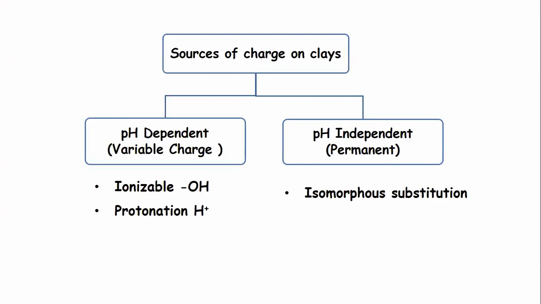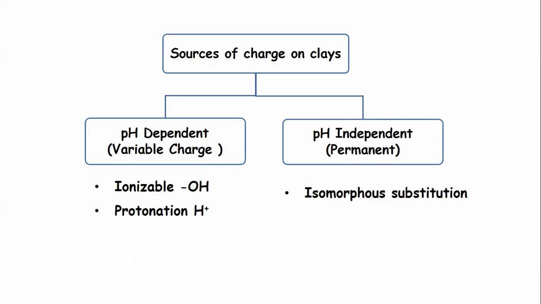When the pH is changed, it will not change. We call it the constant or the permanent charge. The pH dependent charge fluctuates when the pH is fluctuating. But the pH independent charge will not depend on the pH. Whatever the pH, the charges remain permanent.